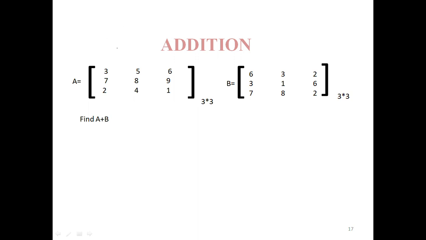These are the given A and B matrices. How do we add these matrices?